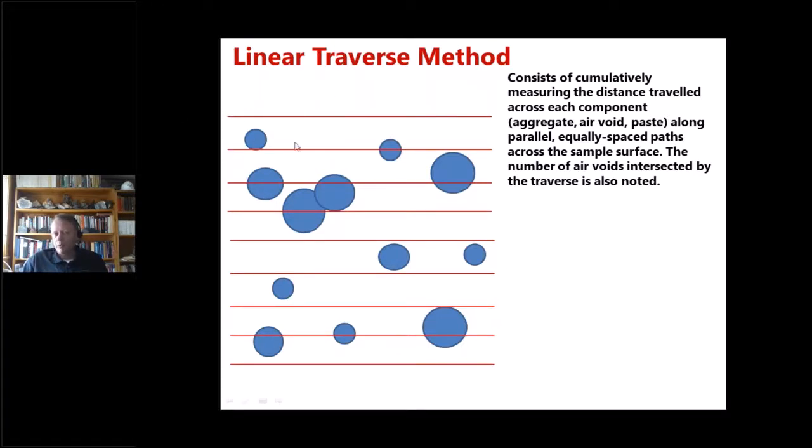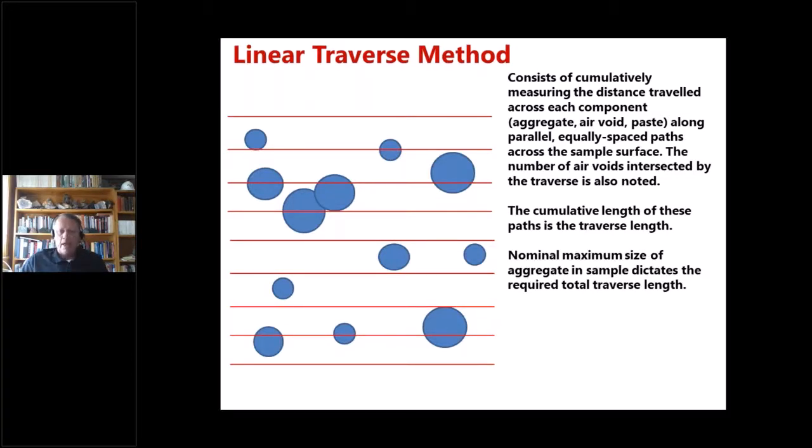So at the end of the day, you have a series of these parallel traverses that go across the sample surface, and you add up all the data and get your answers. The cumulative length of all these individual paths is what's called the total traverse length.